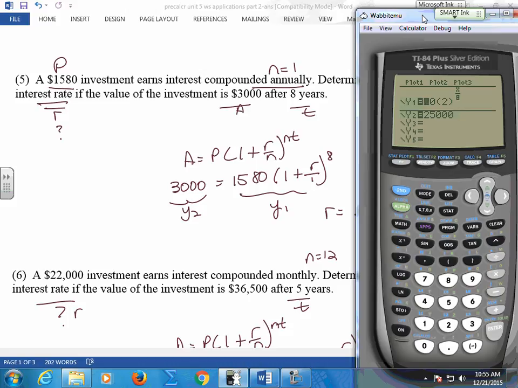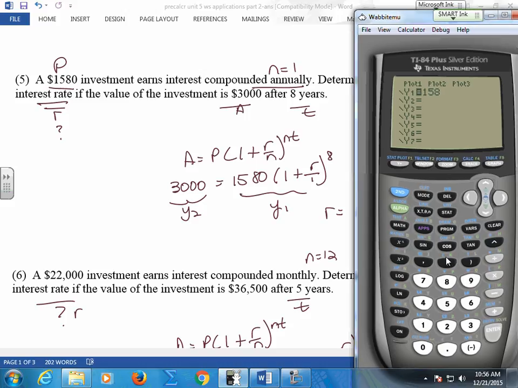Okay, so we know what our first one's going to be. Our first one's going to say 1580. We're looking for a rate this time. Your rate is usually a percent. When we put it in your formula, it's a small decimal, less than 1. So your answer is going to be really small.